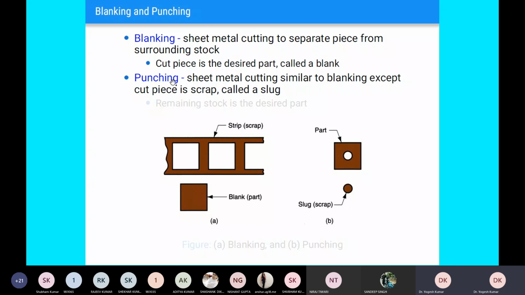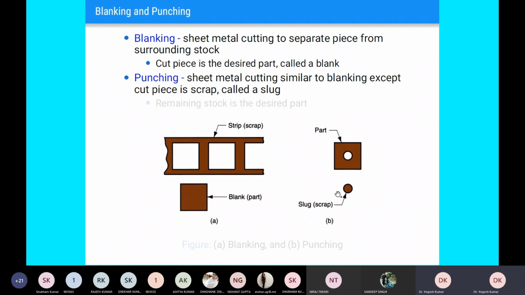While in the case of punching, the desired part is the reverse of blanking. In the case of punching, this is your desired part, and this is your scrap. Punching is a sheet metal cutting process similar to blanking, except the cut piece is scrap and is called a slug.